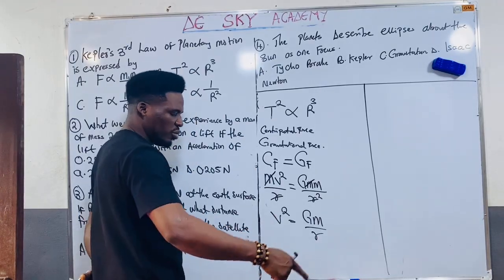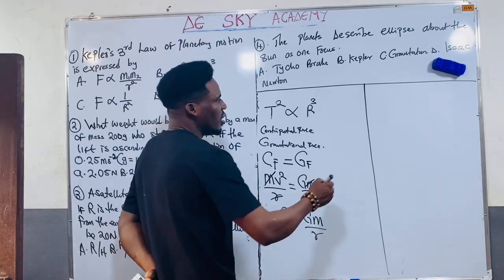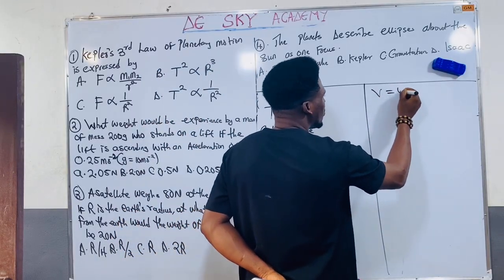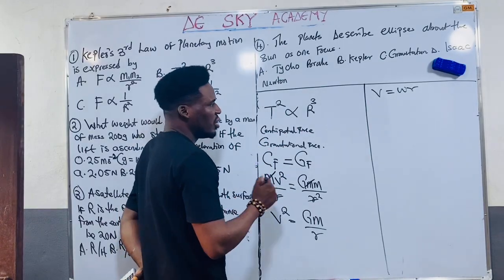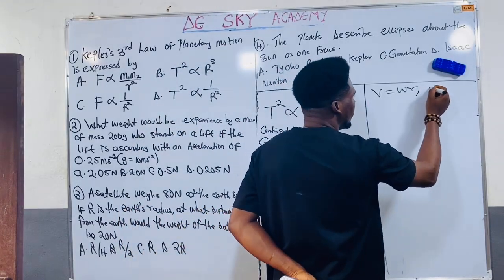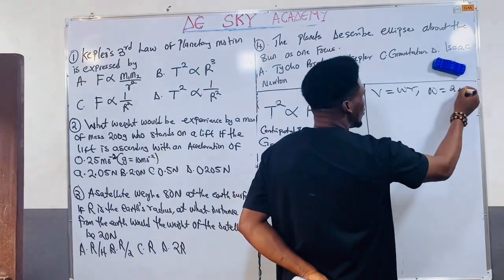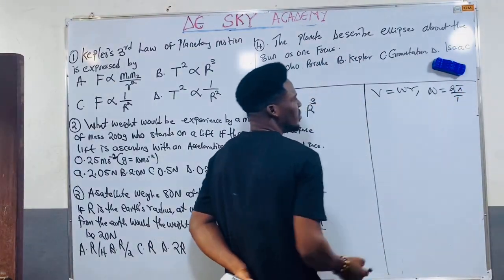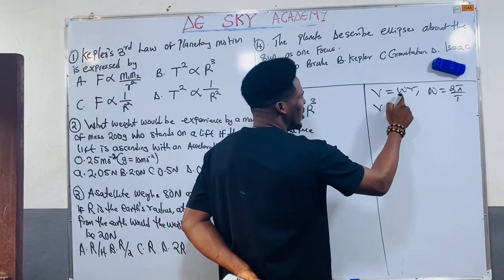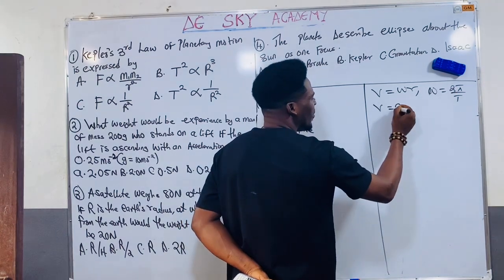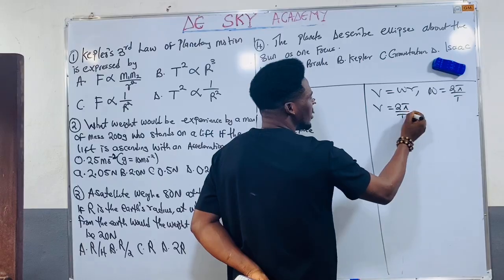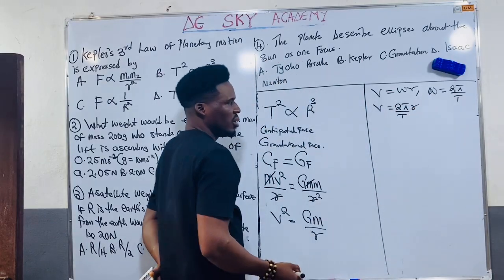Now recall, since the body is moving in a circular motion, recall that V is equal to omega r. Also recall that omega is equal to 2 pi over T. Therefore, V is equal to, any place I see omega, what is omega? 2 pi over T, times r.